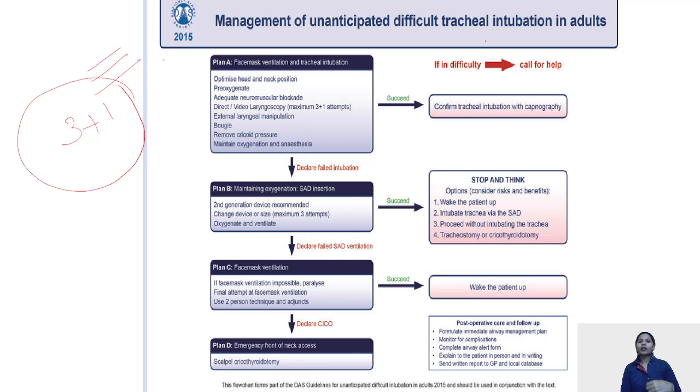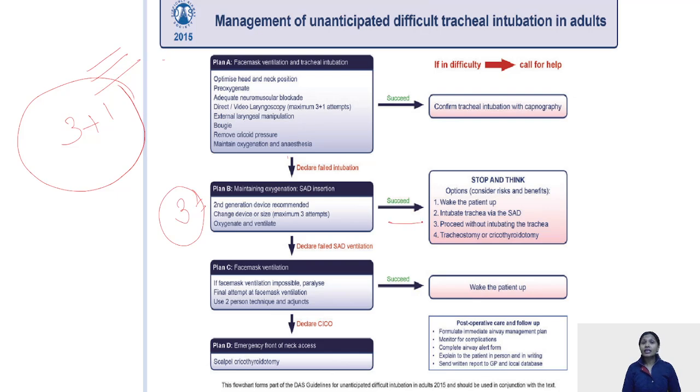In second generation, you have a lot of supraglottic devices. You can use iGel, you can use a ProSeal, or you can use different sizes if you are not able to successfully insert the supraglottic device. Done. Maximum attempts which can be done are 3 attempts. I repeat, the maximum attempts which are allowed are 3 attempts.